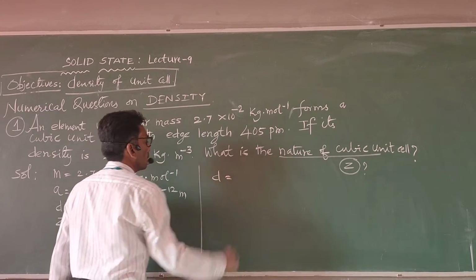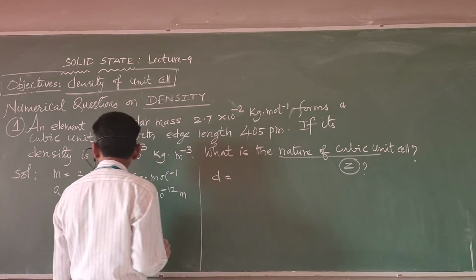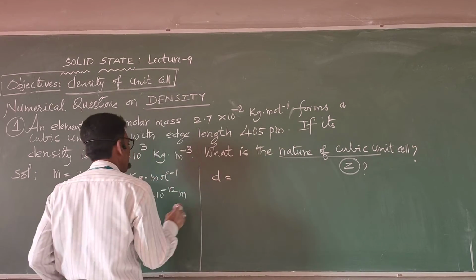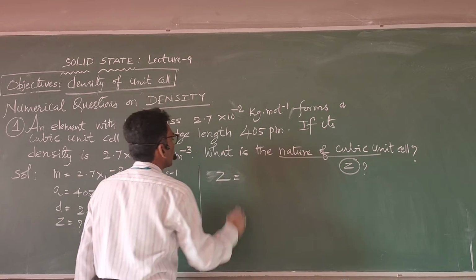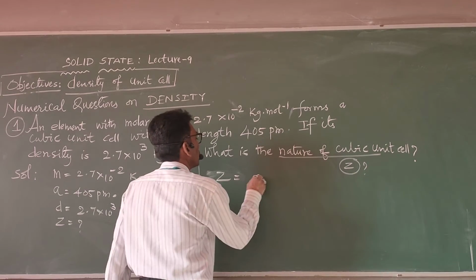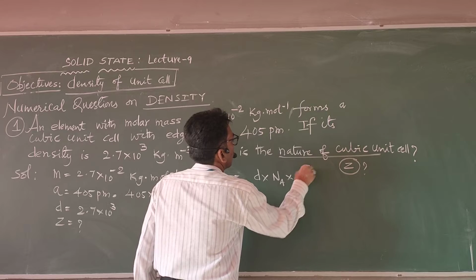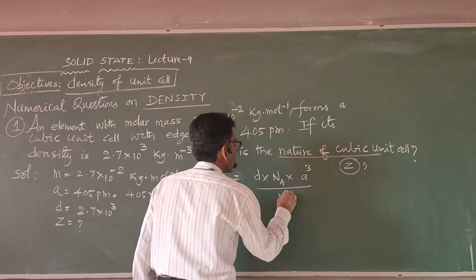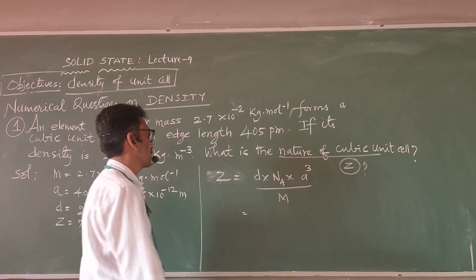If it is a board examination, Z is equal to density into Avogadro number into a cube over molar mass. Then substitution, simplification, final answer with units.